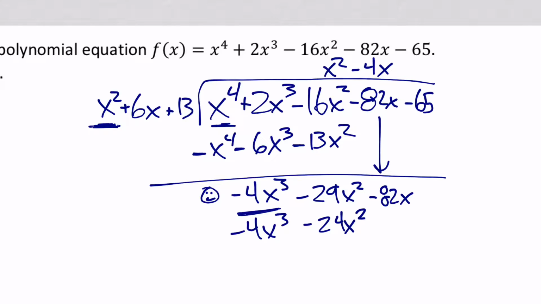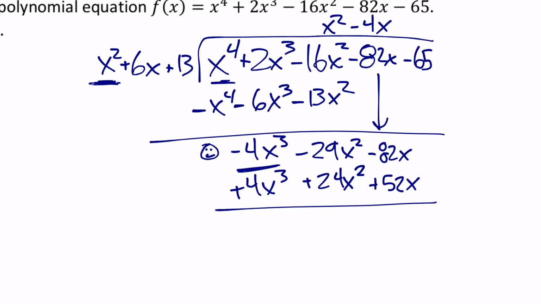I can do math. Negative 4x times 13 is a number. 13 times 2 is 26. 26 times 2 is 52. So that is minus 52x. And now we are subtracting that whole thing, which means plus 4x cubed plus 24x squared plus 52x.